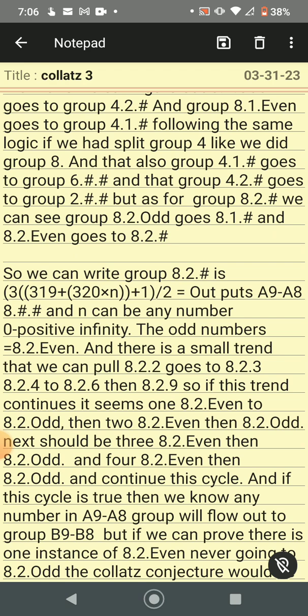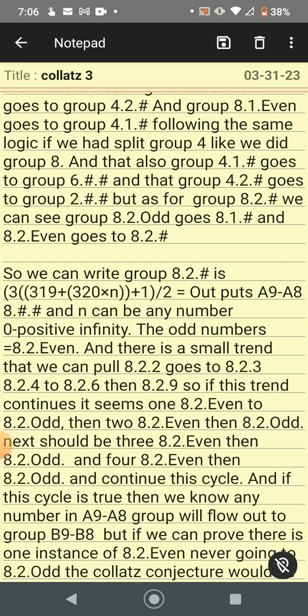So we can write group 8.2 number is 3 times 319 plus 320 times a number plus 1 divided by 2 equals the output to group 8 number.